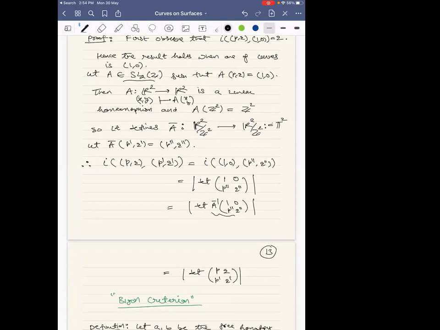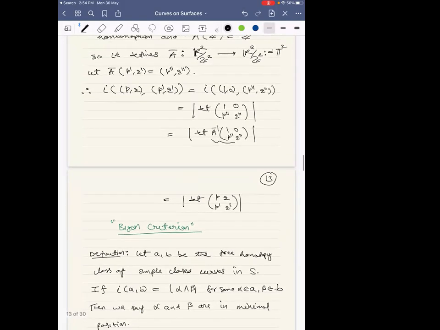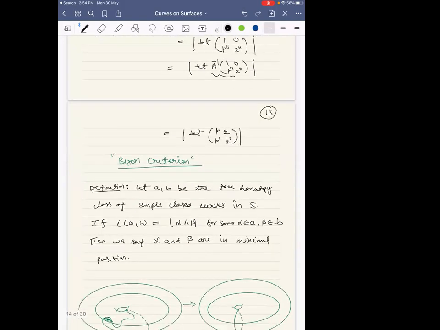So the next thing one should ask is, given two free homotopy classes of simple closed curves, how would one determine the geometric intersection number?